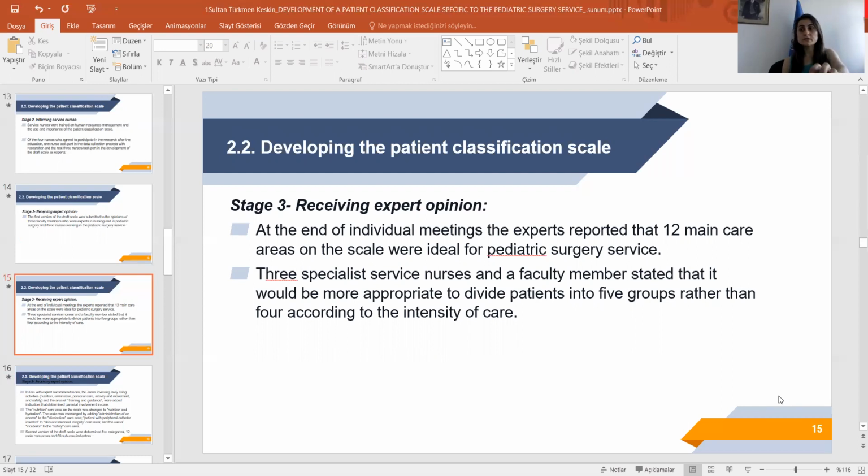When creating care groups, the time, emotional and physical energy spent by the nurses to complete a task, expertise, and the frequency and follow-up of the practice matter. Since the scale aims to measure nursing activities with the patient classification scale, acceptance of the scale by service nurses is very important. Therefore, the draft scale was revised in accordance with the suggestions given by experts.